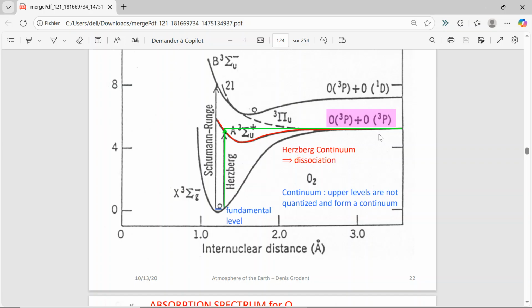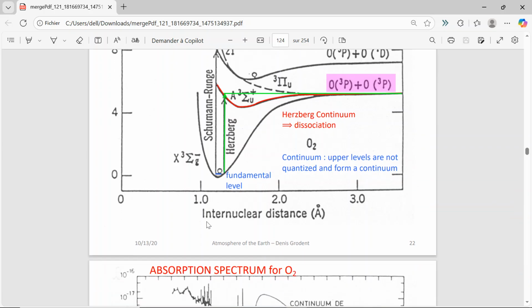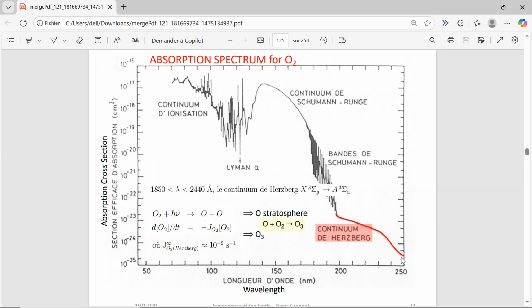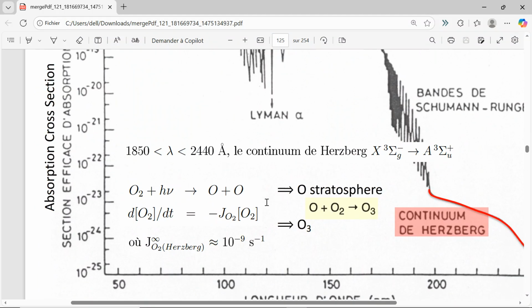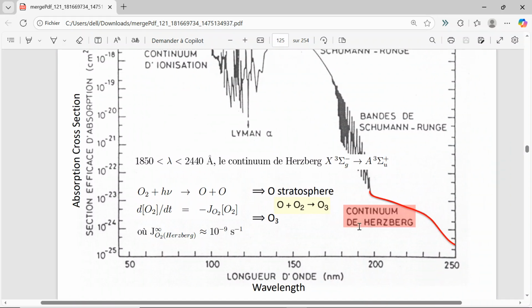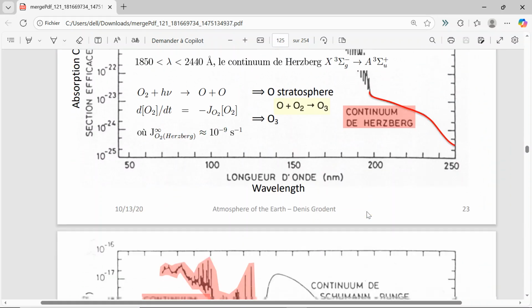This is a continuum, which means the upper levels are not quantized and form a continuum. This gives the continuum of Herzberg right here. What is interesting here is that the photodissociation will lead to the formation of atomic oxygen, which will react with the molecular oxygen, leading to the formation of ozone.